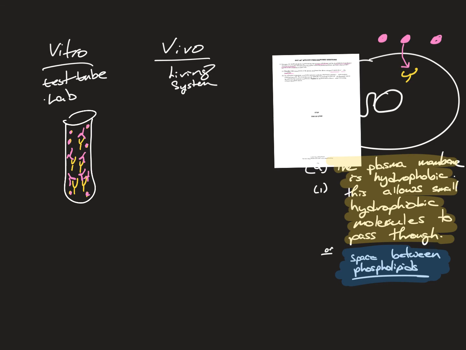But in a living system, antibodies are produced by cells and they travel in the blood. The antibodies that you would inject someone with, or allow your blood to be filled with, are great if the receptor were in the blood, but they're not in the blood, they're in the cells.